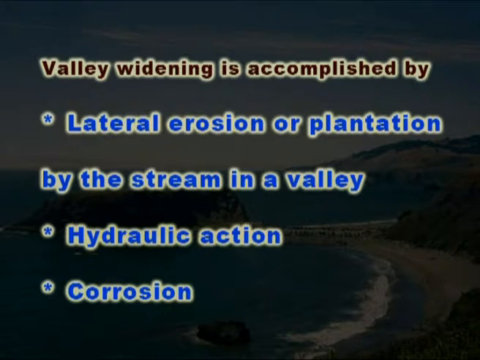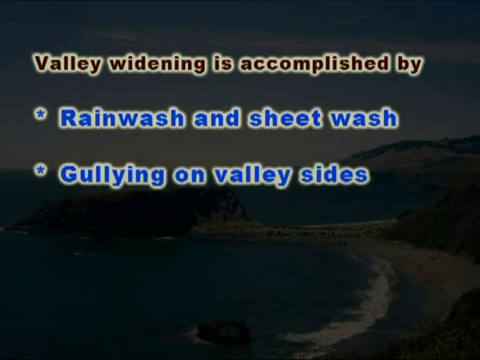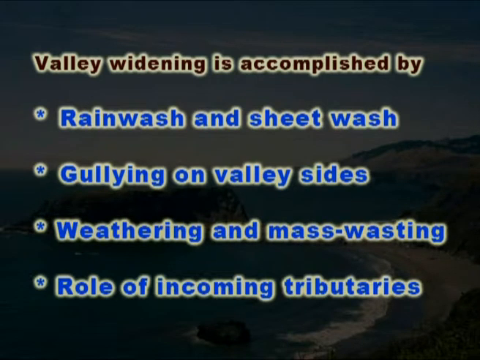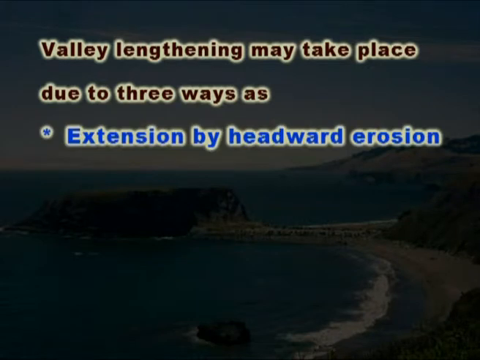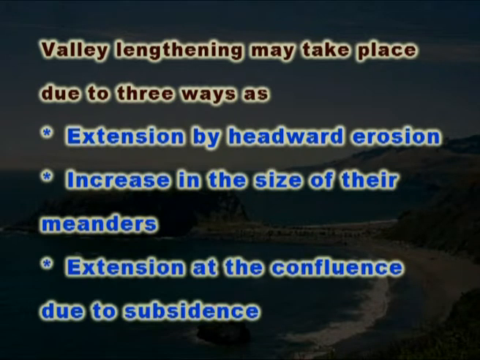Valley widening is accomplished by lateral erosion or planation by the stream in a valley, hydraulic action, corrosion, rain wash and sheet wash, gullying on valley sides, weathering and mass wasting, and the role of incoming tributaries. Valley lengthening may take place in three ways: extension by headward erosion, increase in the size of meanders, and extension at the confluence due to subsidence.